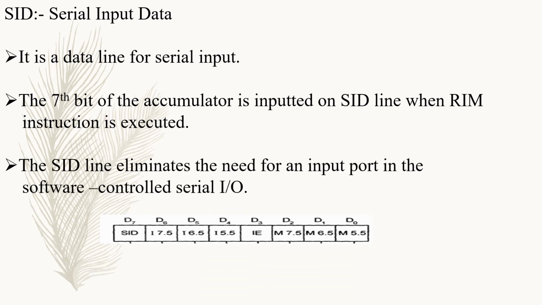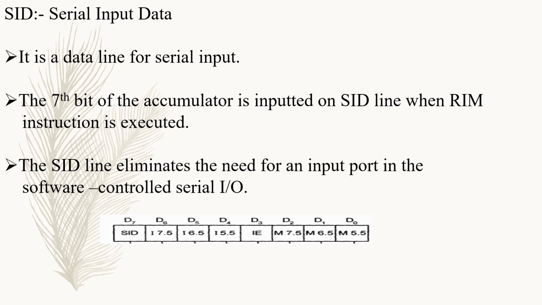When I make the seventh bit of the accumulator high, that is SID, the data will easily be transferred in a serial way. So when the RIM instruction is executed, the seventh bit of the accumulator is made active for SID.